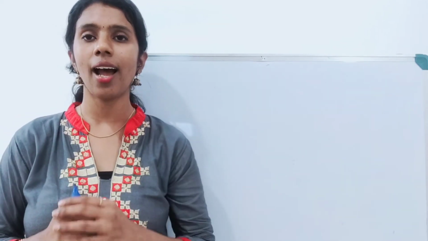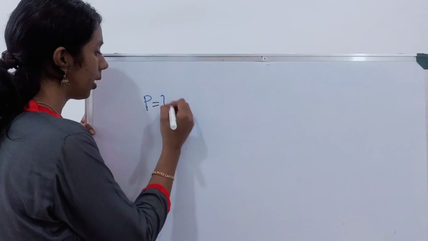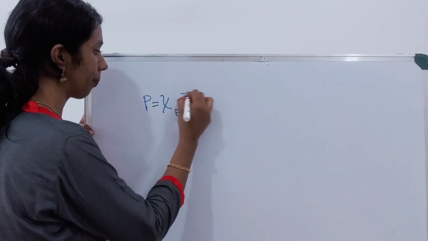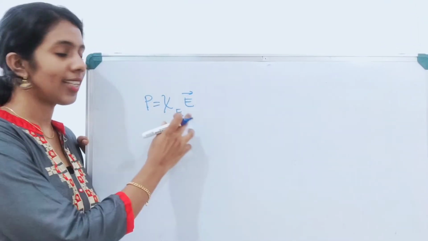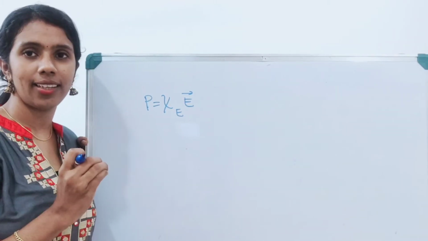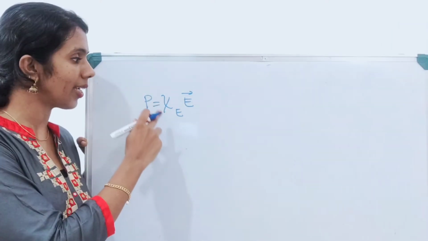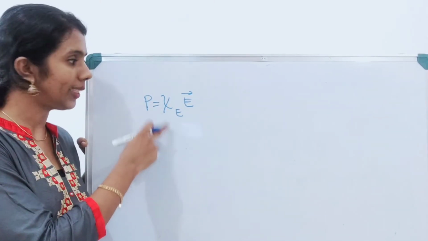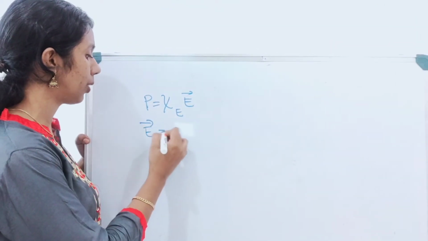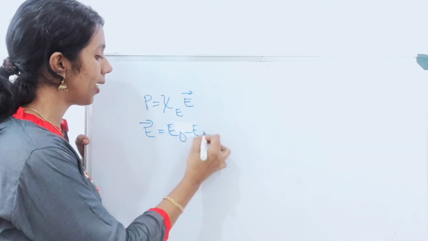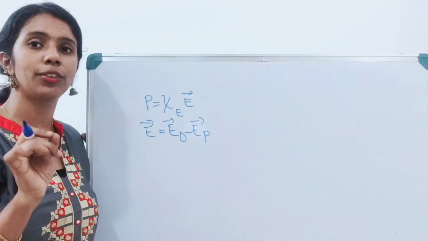Now for the linear isotropic dielectrics, the dipole moment P is equal to chi E into E, where chi E is the susceptibility of the dielectric medium and E is the electric field inside the dielectric, where E is equal to E0 minus EP. E0 is the external electric field and EP is the electric field due to polarization.